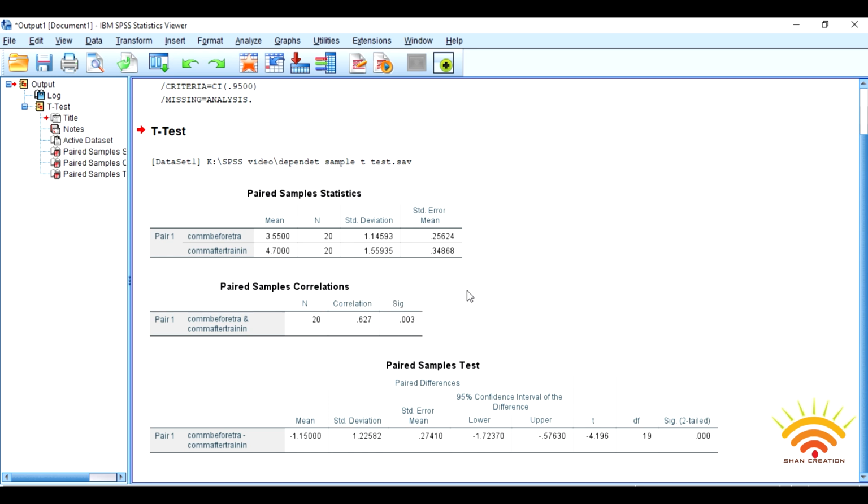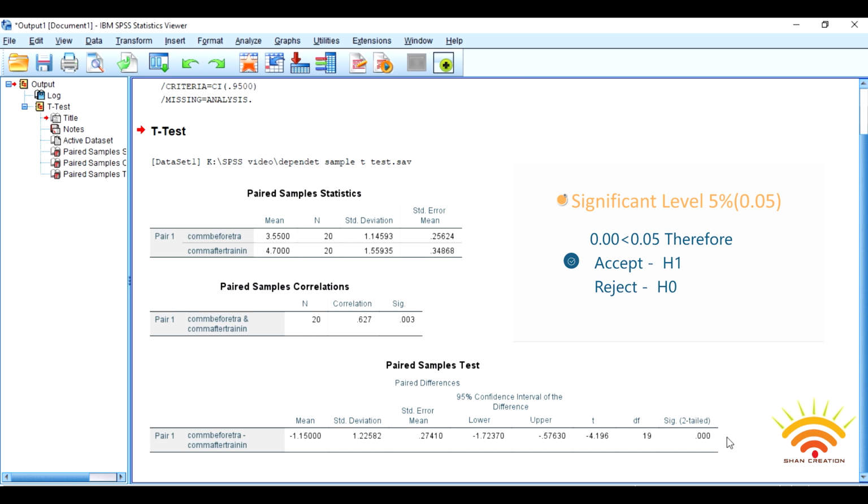Then the third output is the paired sample t-test output. In this output, you can test your hypothesis. In this table, the significance value is 0.000. This value is less than the significance level, which is 0.05. Therefore, you have to reject your null hypothesis and accept your alternative hypothesis. It means commitment of the employees is not equal before training and after training.